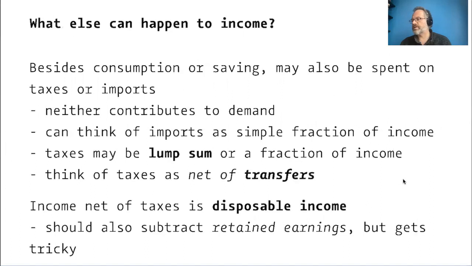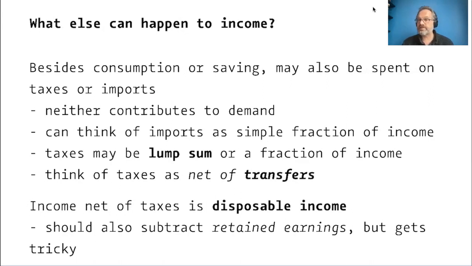Now, to make this a little bit more complicated, but a little more realistic, we can think about some other things that might happen to income. Again, we think initially that any income that isn't consumed is saved, but there are other places income can go.